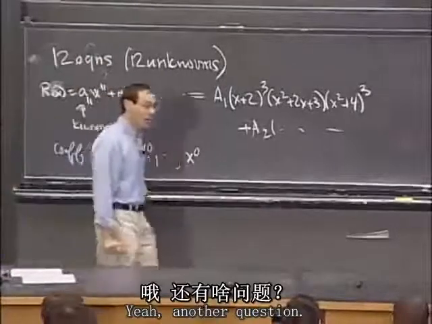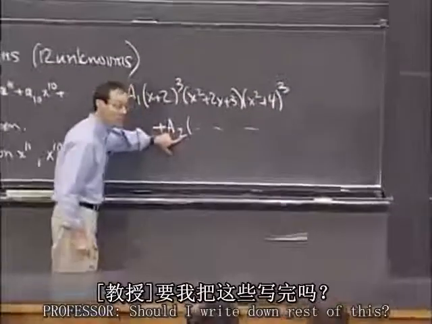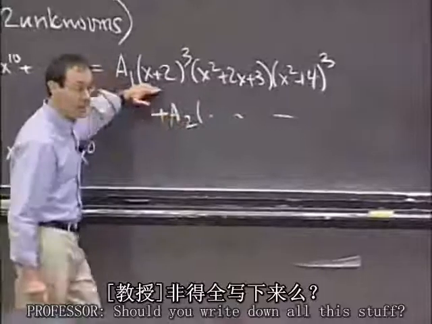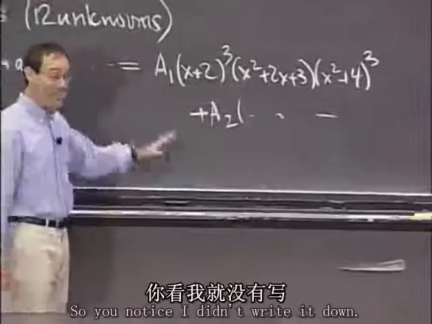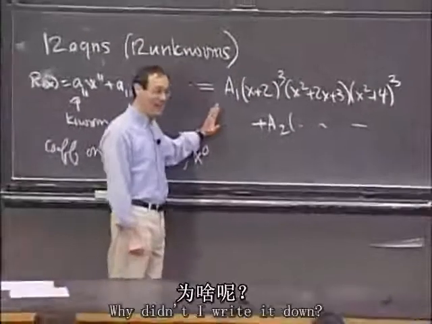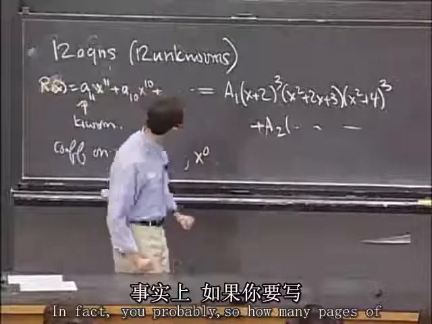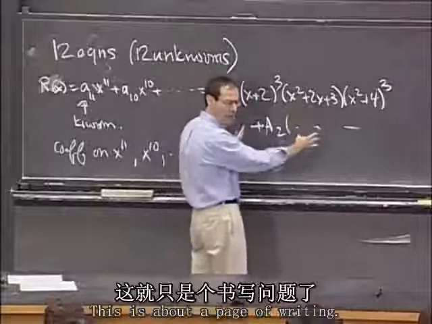Another question: should you write down all this stuff? Well, that's a good question. You notice I didn't write it down. Why not? Because it's incredibly long. This is about a page of writing.